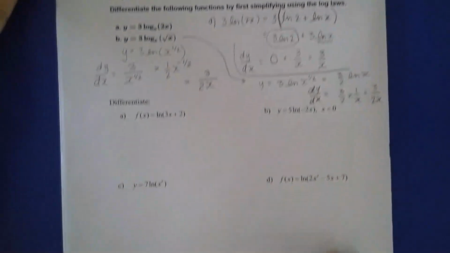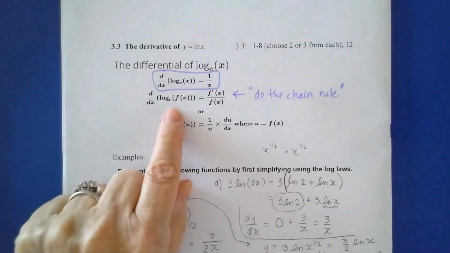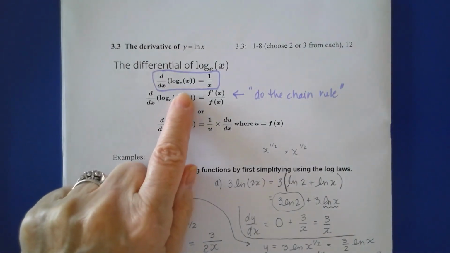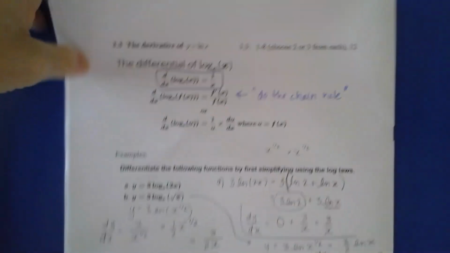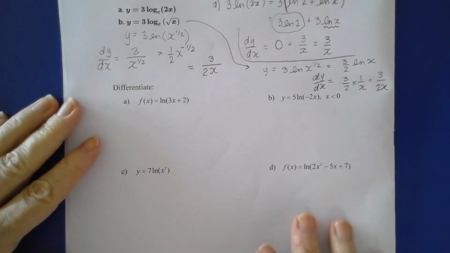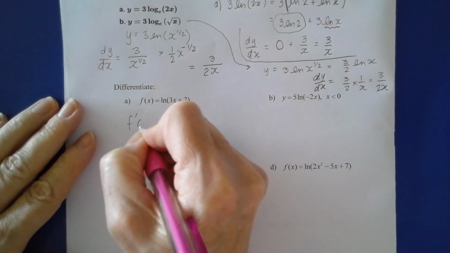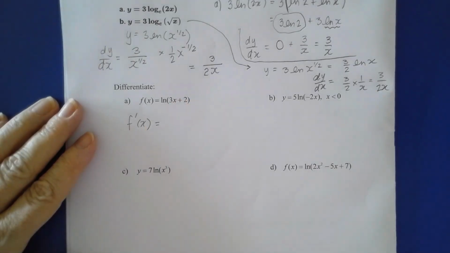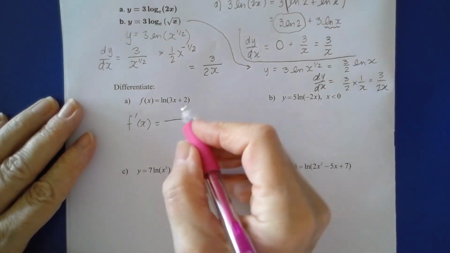All right, here I go. So now I'm in the situation where I have a function inside here. I have 3x plus 2 inside the log. So there it is. What does it say up there? F dash of x equals, and it's that fraction. So it's 1 over that.